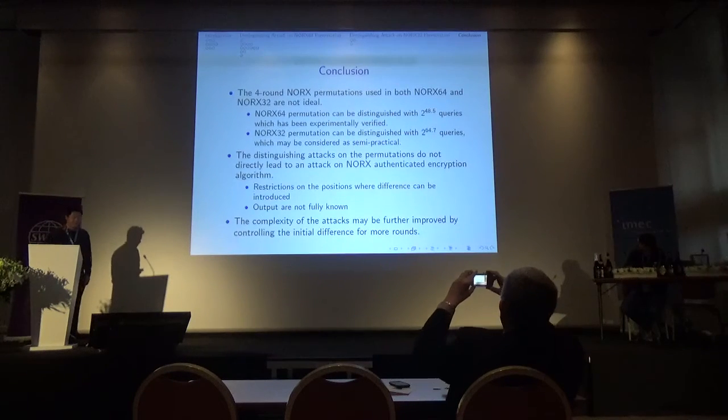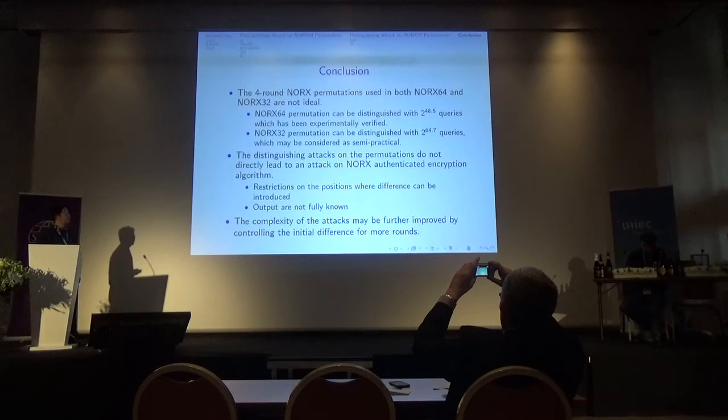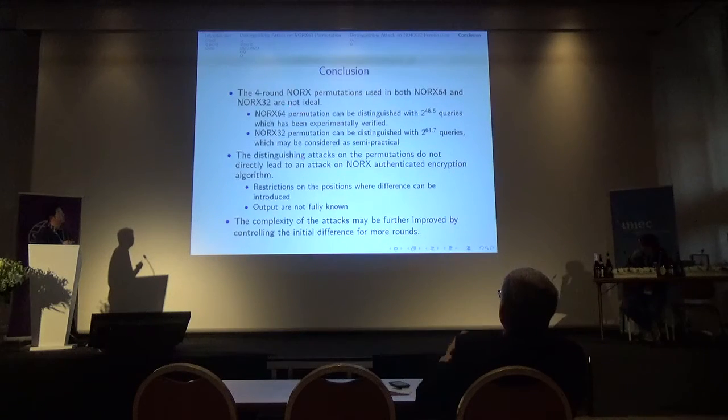Now I conclude this talk. So we found that the 4-round NORX permutations are not ideal because they can be distinguished with relatively low complexity.